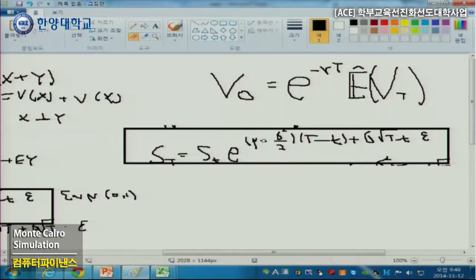So expected return should be R, the risk-free rate, right? R. And because it is the risk-free rate, we have to set this hat because we are now going to generate random numbers, in order to denote that we are generating random numbers at the risk neutral world.